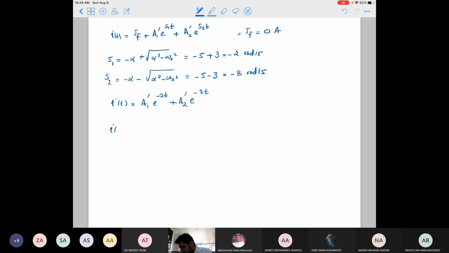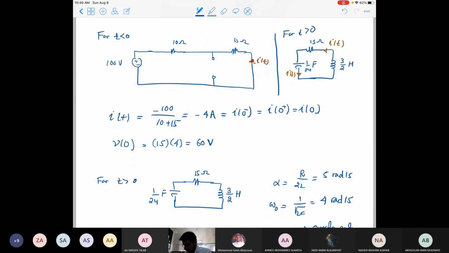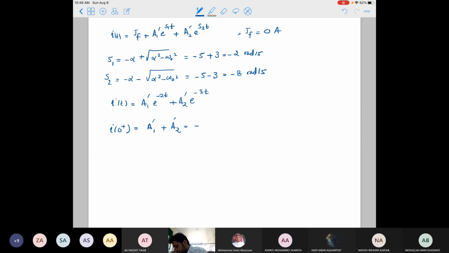In order to find the coefficients, I need to substitute the initial conditions here. What is the initial value of the current? Clearly, the initial value of the current is minus 4. And this is the first equation.